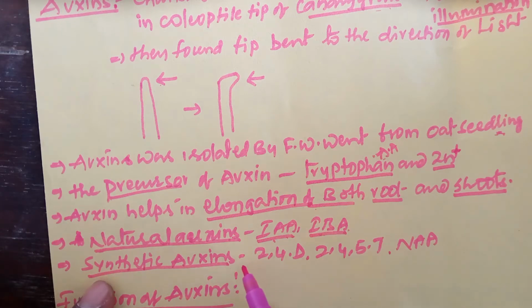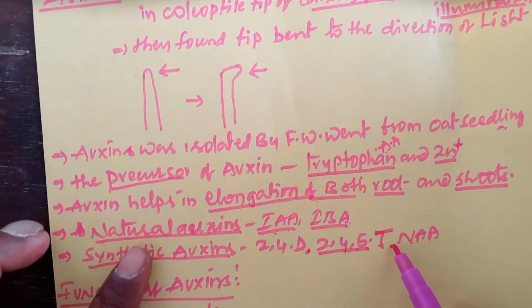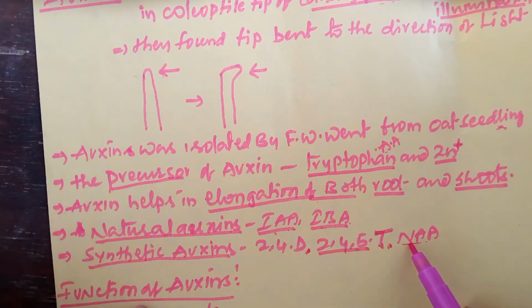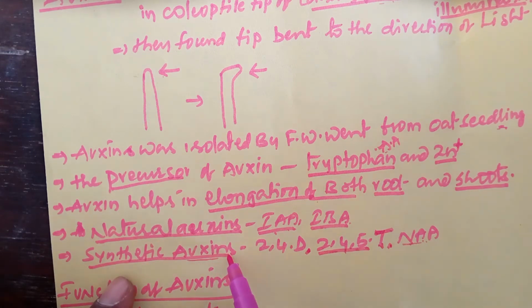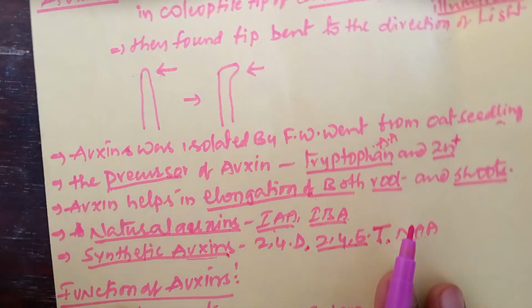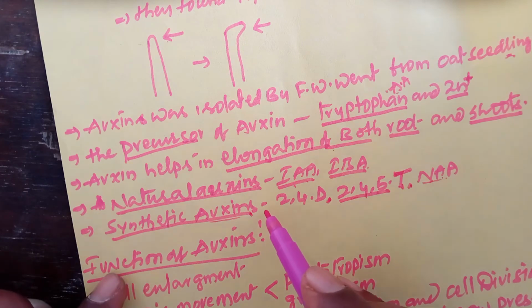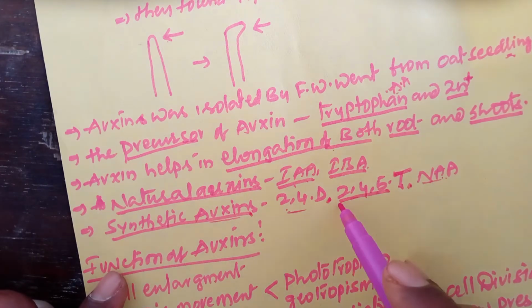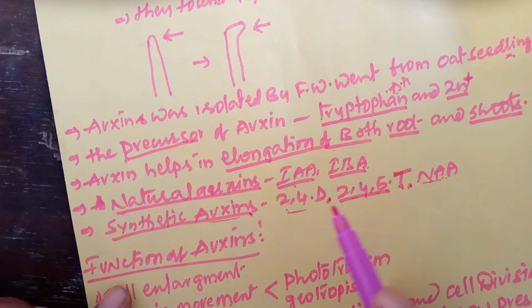Examples of synthetic auxins: 2,4-D, which is 2,4-dichlorophenoxyacetic acid, 2,4,5-T, which is 2,4,5-trichlorophenoxyacetic acid, and NAA, naphthalene acetic acid. These are the best examples of artificial auxins synthesized at industrial level, and they are also used as chemical fertilizers.